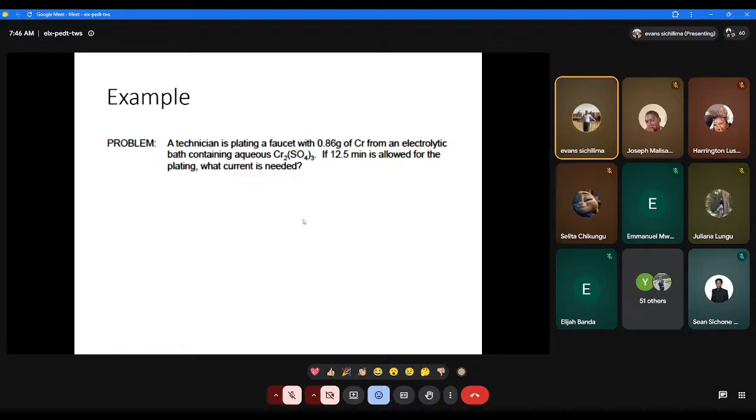Now, the interesting part about this question is that if you are in management, or if you are the chemist in charge in the industry, and you find that they have produced a certain mass of the metal, or they have used a certain mass of the metal in electroplating, or they have extracted a certain amount, from the amount given, you can tell how much electricity they used using this application.